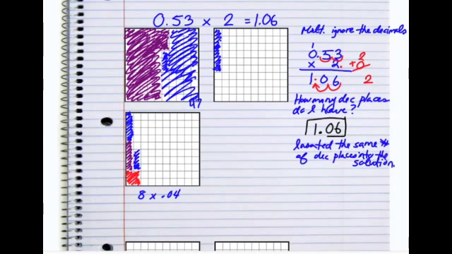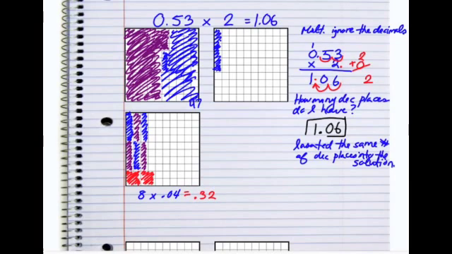Here's 4. 5. 6. 7. And 8. So 8 times 4 hundredths looks like 32 hundredths.